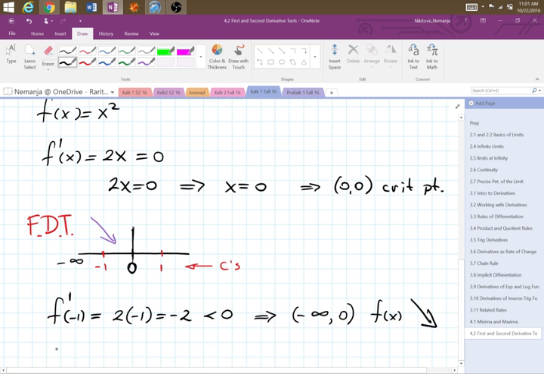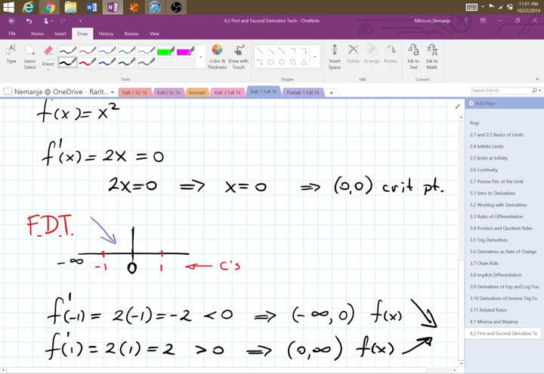Now, repeat the whole procedure for +1. And we get that on the interval 0 to infinity, f of x is increasing, which will place the increase arrow above 1 in the region where 1 is.